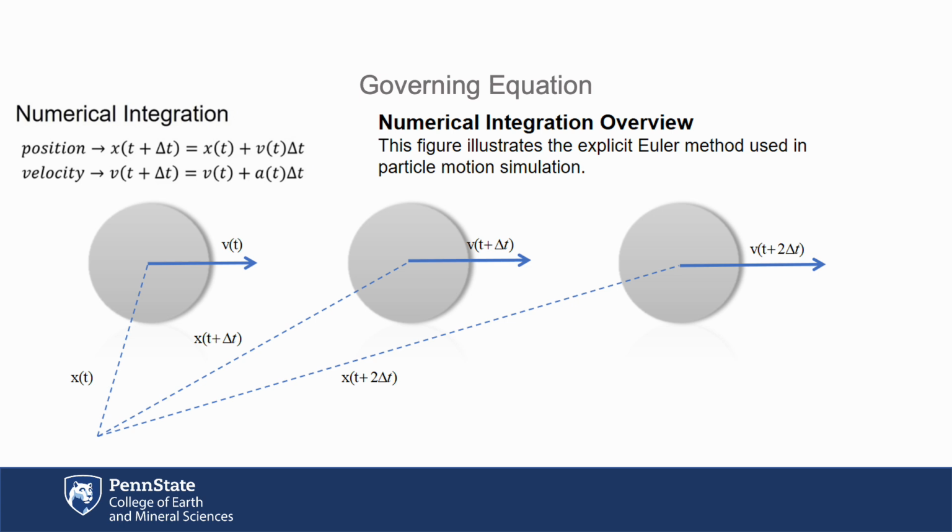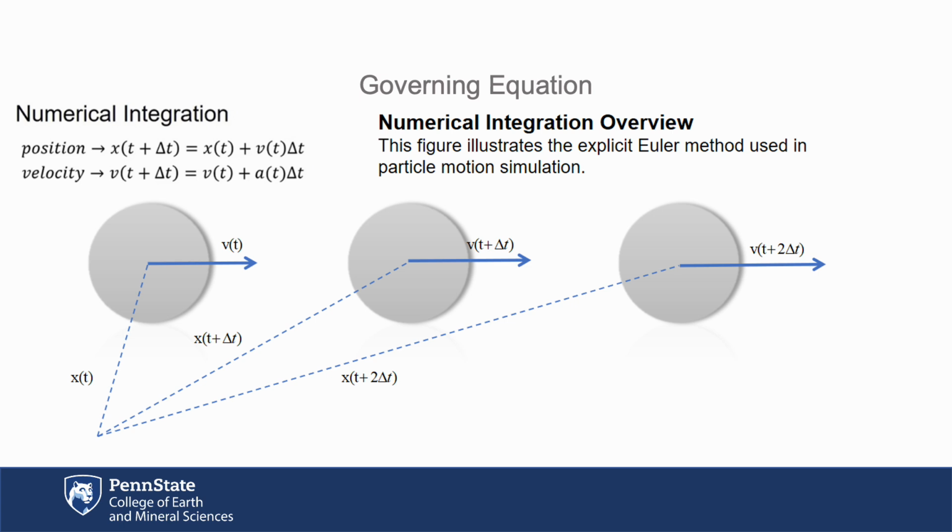We start from the current position x_t and the velocity v_t. Then we use v_t to get the next position x_(t+Δt). At the same time, we use the acceleration a_t to update the velocity to v_(t+Δt). Here, Δt means the time step. During each step, we assume the velocity doesn't change.